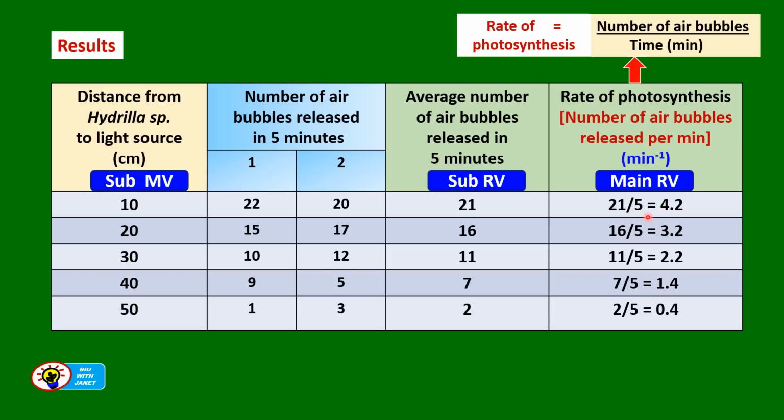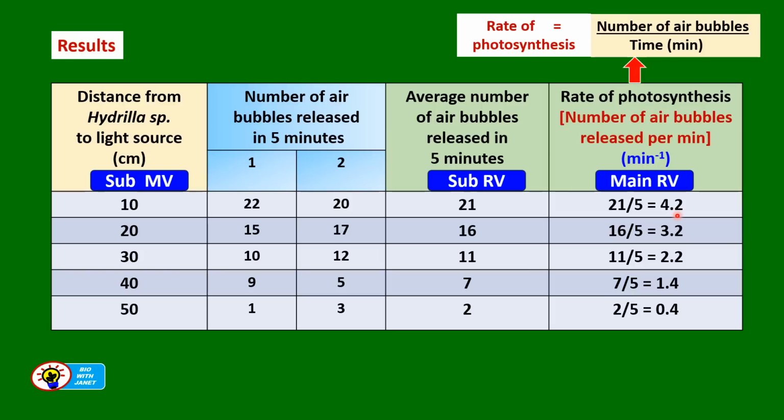That's so simple. Number of air bubbles divided by the time, you get 4.2 bubbles released per minute. Of course, actually you cannot write 4.2 bubbles, but in this case it is just the result of this division, so we take it with the decimal place.